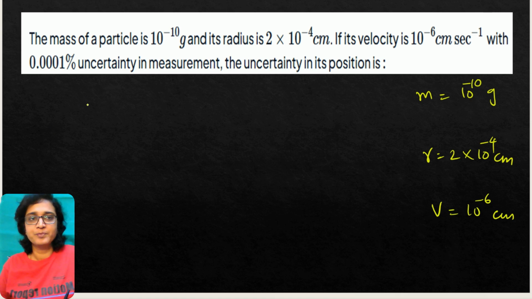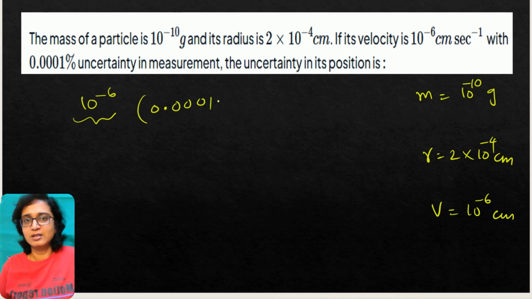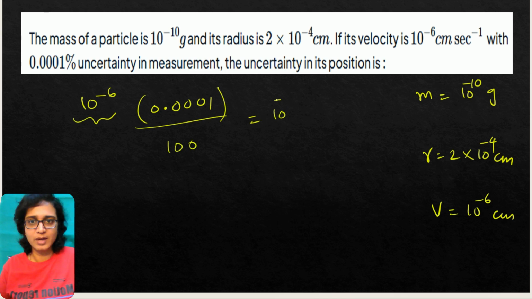I mean, if your velocity is 10 power minus 6, in this velocity the uncertainty is 0.0001 percentage. So calculate the exact value, so that percentage I have to remove, divided by 100. That will be 10 power minus 12, total 12, in centimeter.